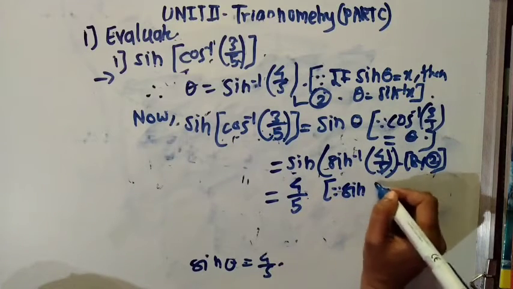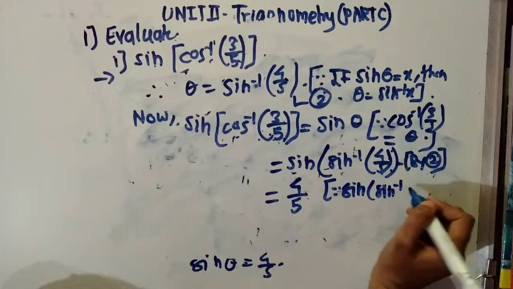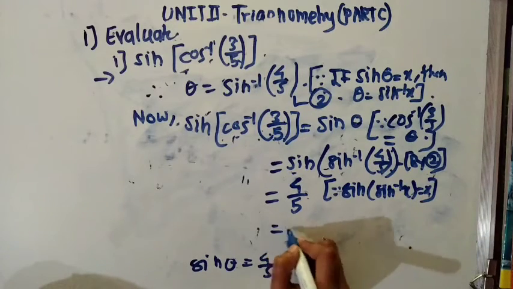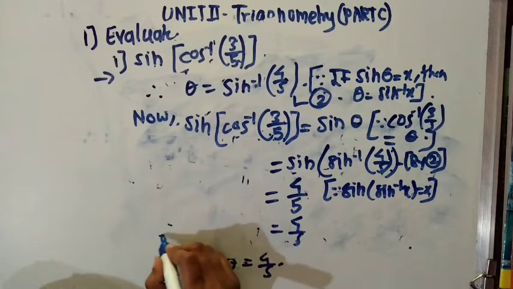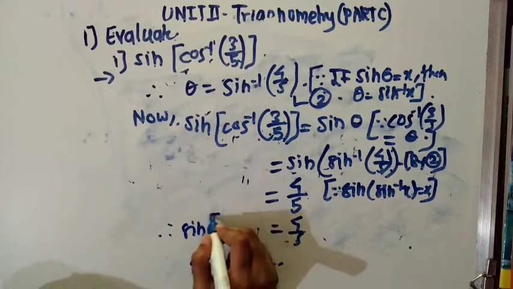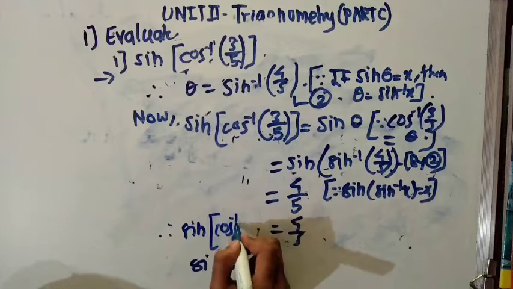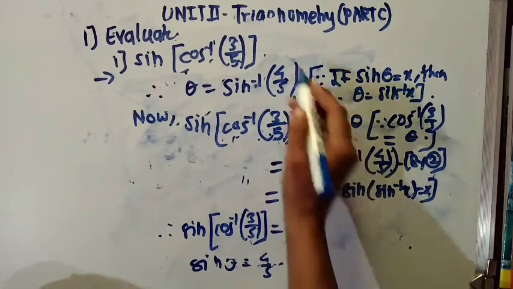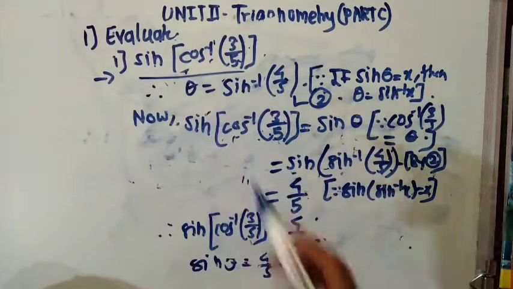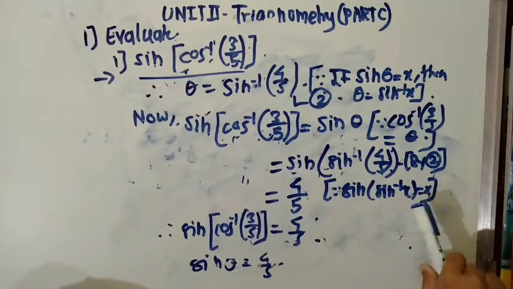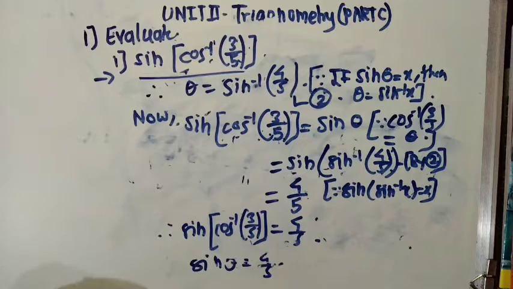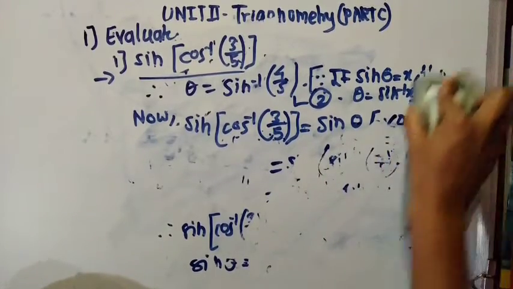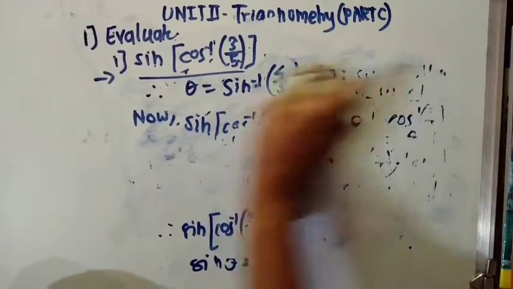So sin of cos inverse of 3 upon 5 is equal to 4 upon 5, and we get the answer. Then we give the next example.